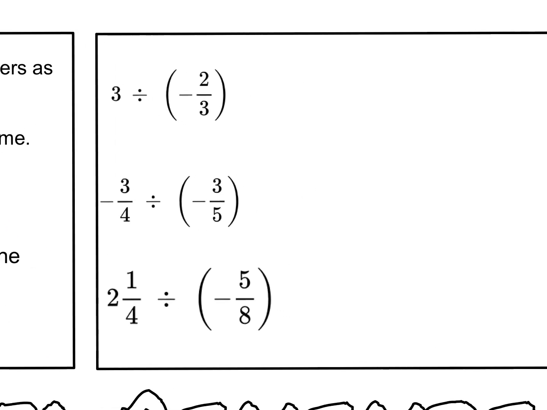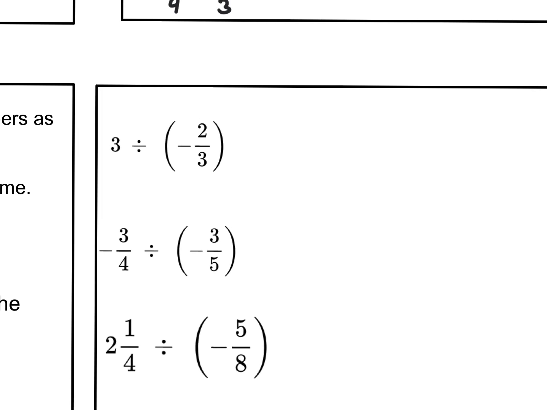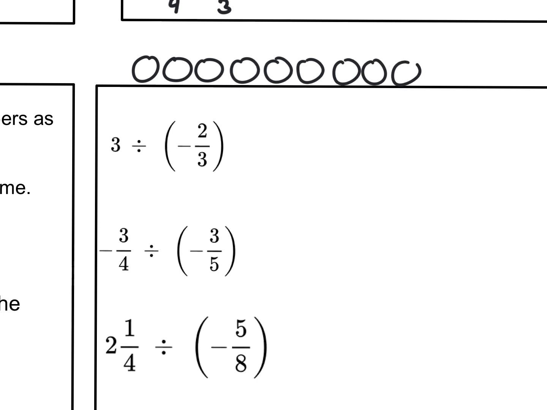What this basically means is that when we divide by a number, we can multiply by the reciprocal and we get the same value. So thinking about this, if I take 10 and I'm dividing it into halves, so say I had 10 circles, and I'm dividing it into halves.